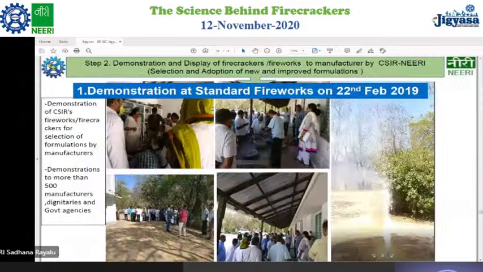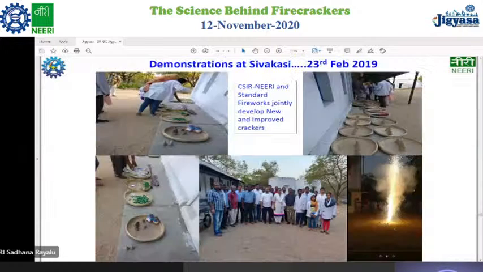We went to the Sivakasi industry, which I have already told you is the fireworks hub. We gave several demonstrations of all our different firecracker formulations which we have made. I'm sure you all know that Standard Fireworks is one of the standard companies as far as the formulations are concerned. So this is the CEO of Standard Fireworks, and this is our team which visited the firework industry in Sivakasi.